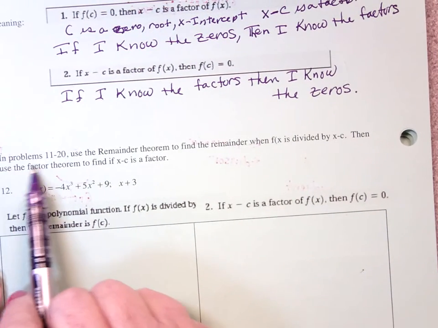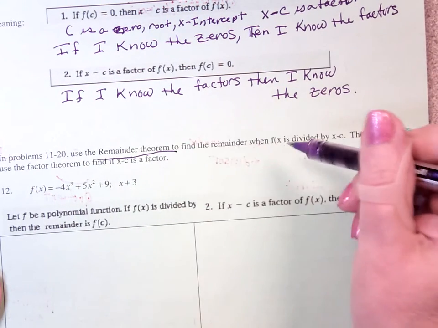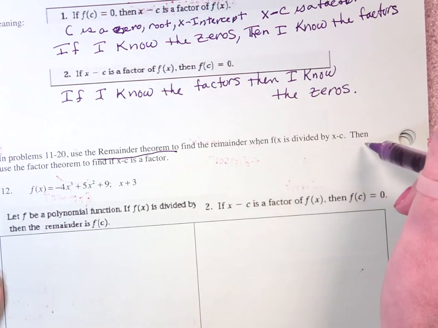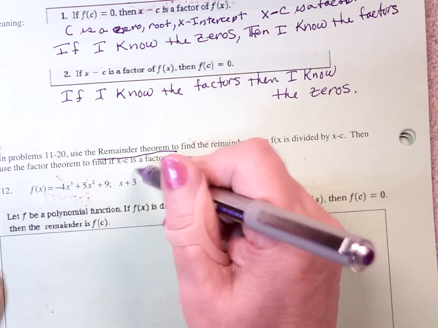So in problems 11 through 20, use the remainder theorem to find the remainder when f of x is divided by x minus c. Then use the factor theorem to decide if x minus c is a factor.